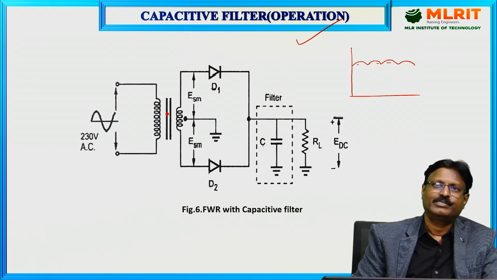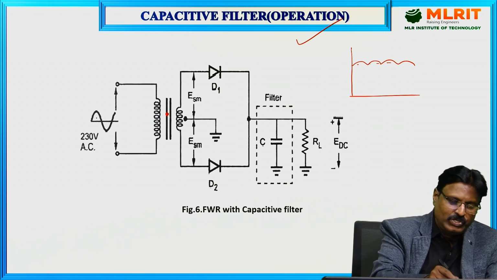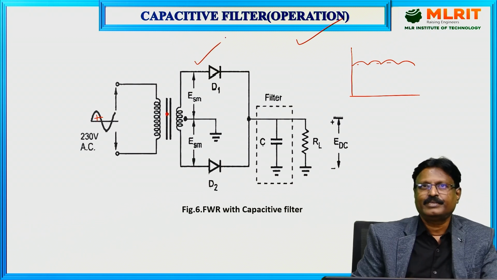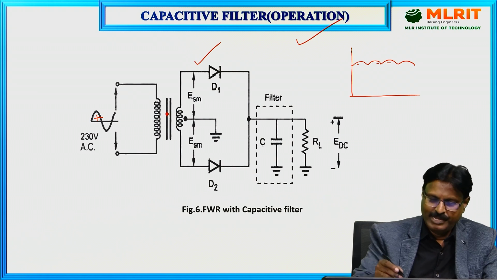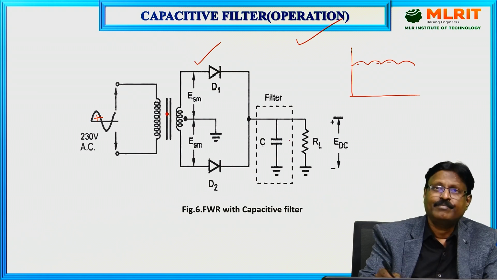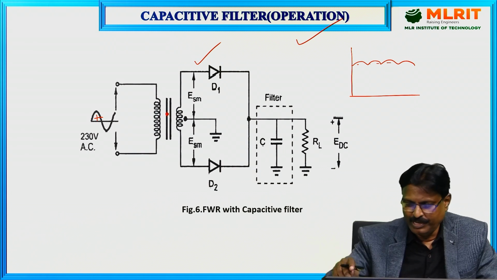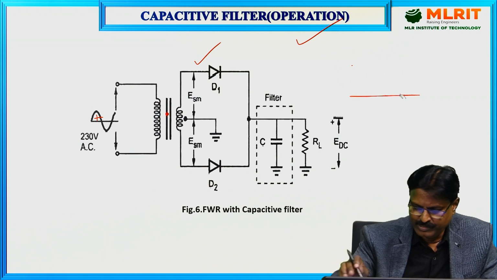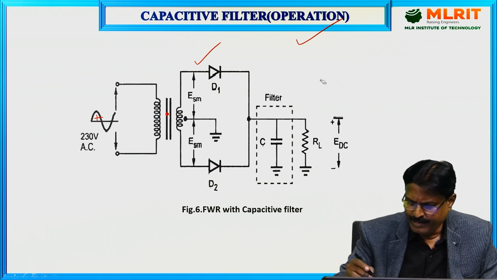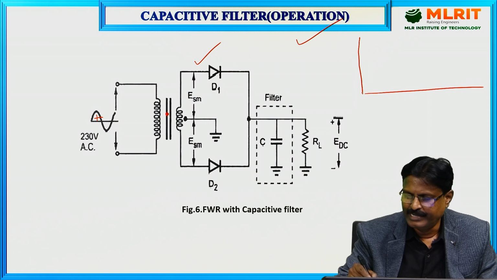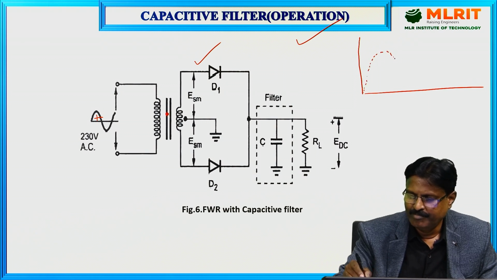So charging of the capacitor happens when diode D1 is forward biased, and discharging of the capacitor starts whenever the diode D1 is reverse biased. Okay. So during the positive half cycle, what happens here? The diode D1 will be forward biased, and the capacitor C will start charging in order to reach the peak value. So before going into it, here I am drawing the rectified output voltage, which is a pulsating DC like this, based on which we can explain the operation.